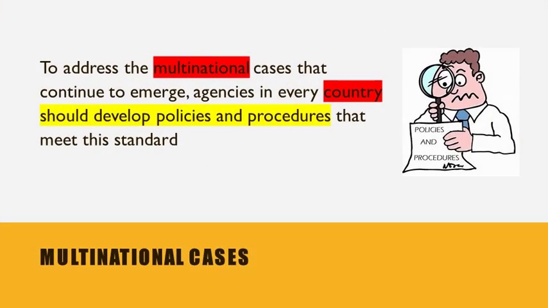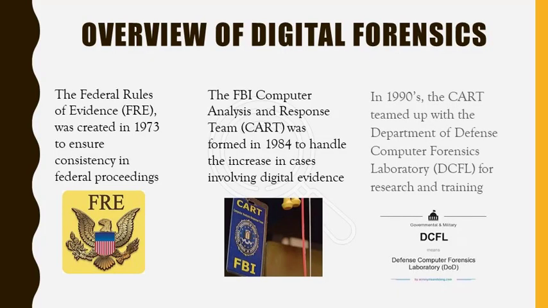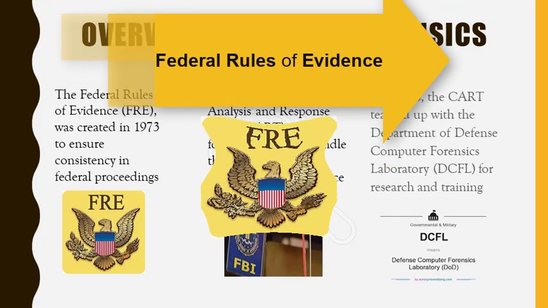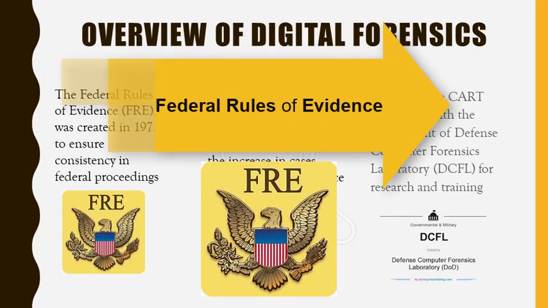To address the multinational cases that continue to emerge, agencies in every country should develop policies and procedures that meet this standard. There were some attempts to standardize procedures in the United States. In 1973, the Federal Rules of Evidence, or FRE, was created and signed.